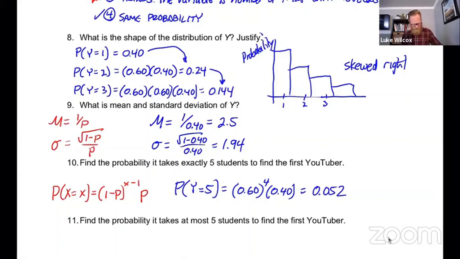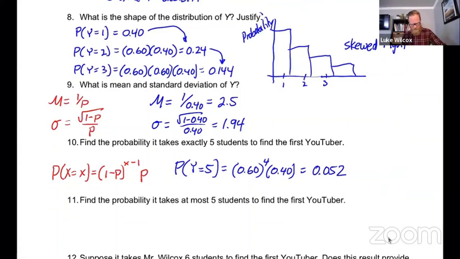All right, moving on to number 11, the probability that it takes now at most 5 students, which is different than exactly 5 students. So now I'm looking for the probability that y is less than or equal to 5. Well, I could just find 5 and 4 and 3 and 2 and 1 and add them all together.